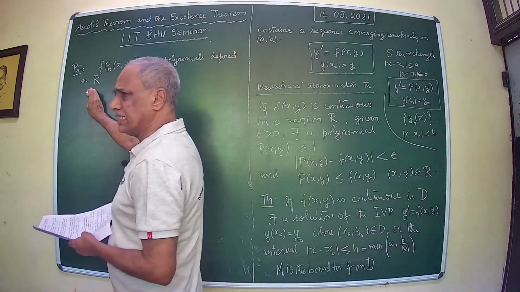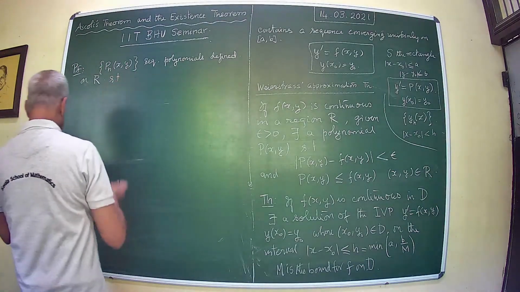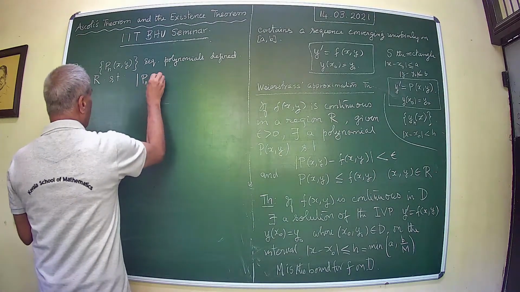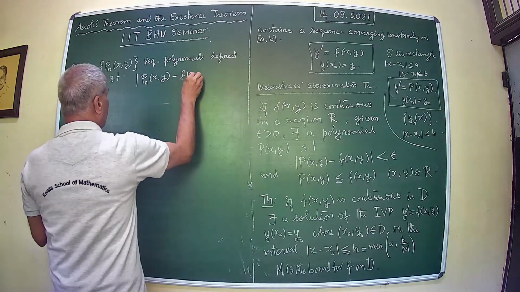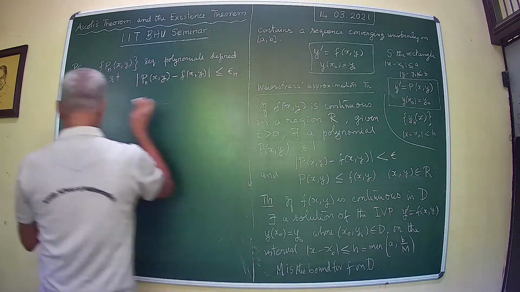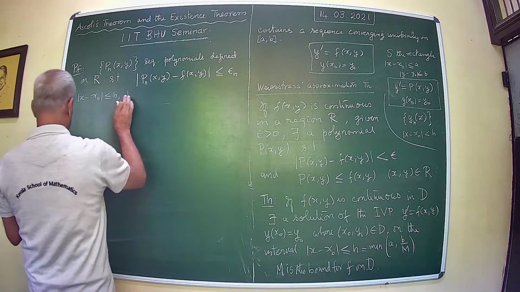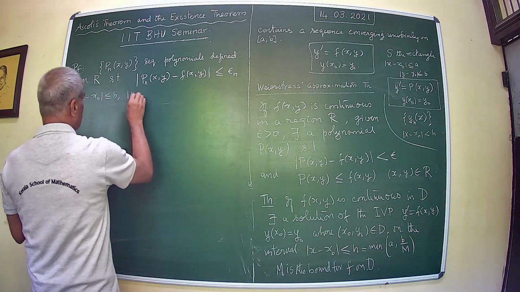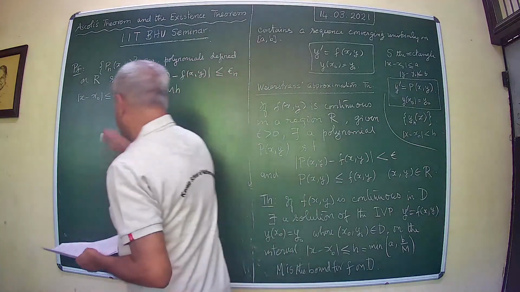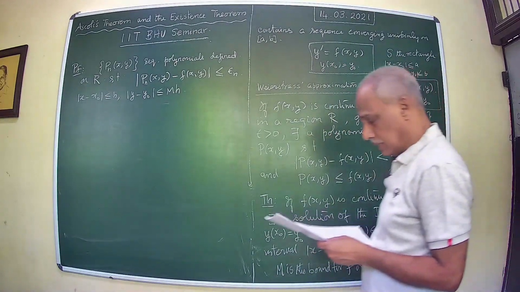Or you can even take this defined on it, such that M is the bound for F. So this is a rectangle.